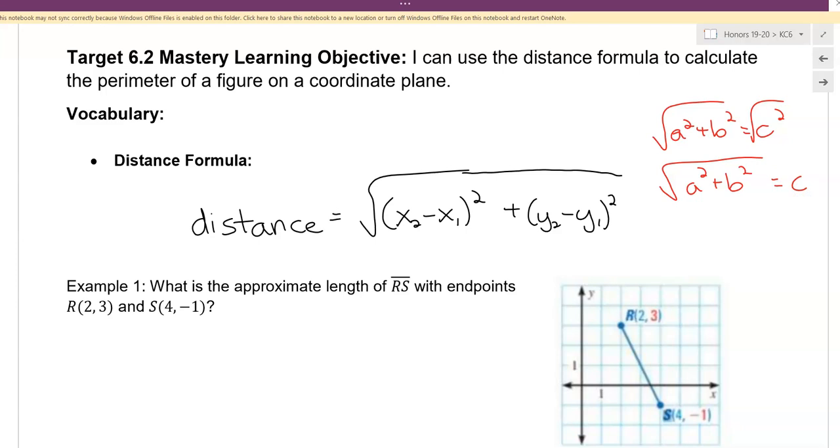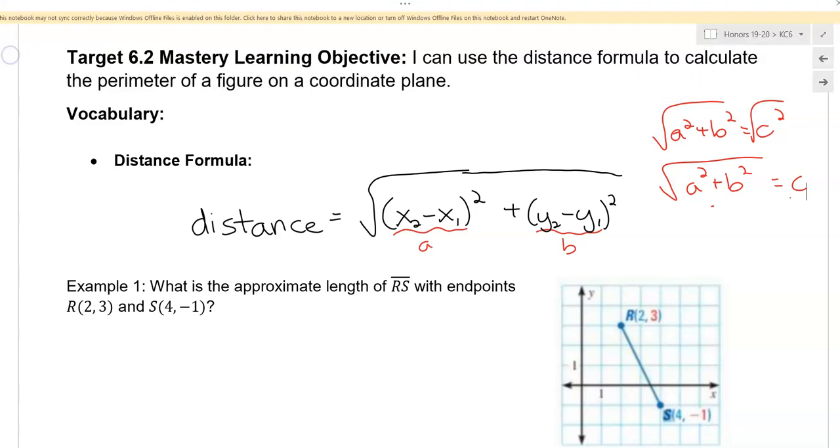That's our distance. So this x2 minus x1 is just a, and this is just b, and it matches that exactly. I never really use the distance formula. I just think of it as the Pythagorean theorem, and I'll show you how we do that.